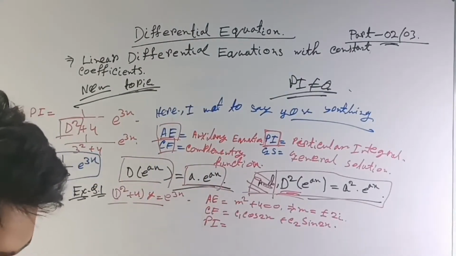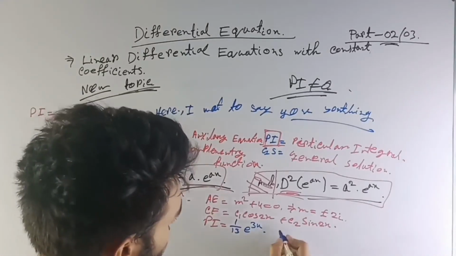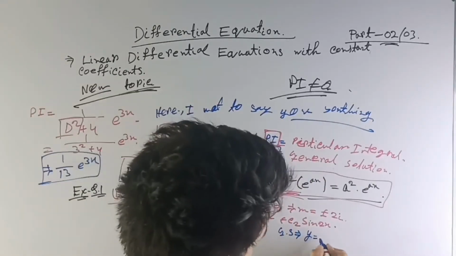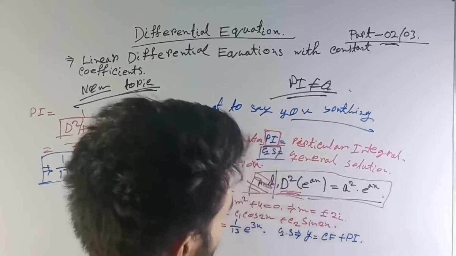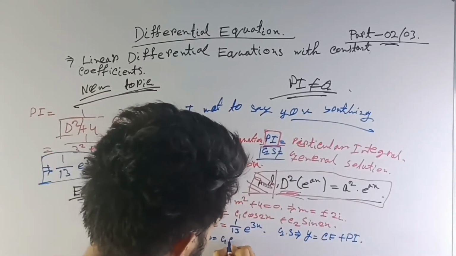So PI = 1/13 e^(3x). The general solution is y = CF + PI. That's the important thing: GS = CF + PI.